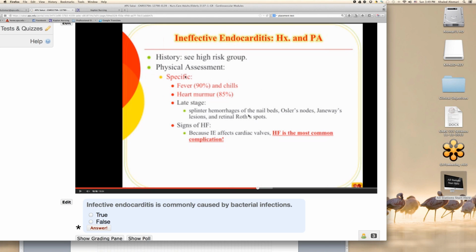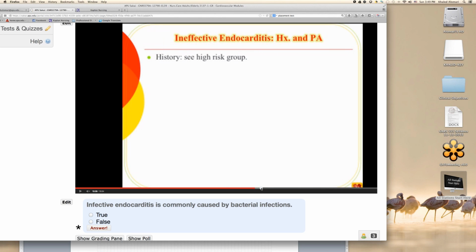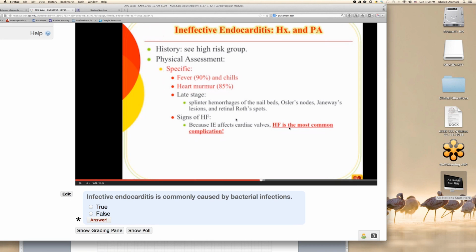So how that can be used: if a question gives you any of these pictures or a description of these symptoms, now that you know that they are late stage, they also indicate poor prognosis. Any symptoms that you see in late stage mean we are late, so it would be an indication of poor prognosis. As well, of course, the signs of heart failure.